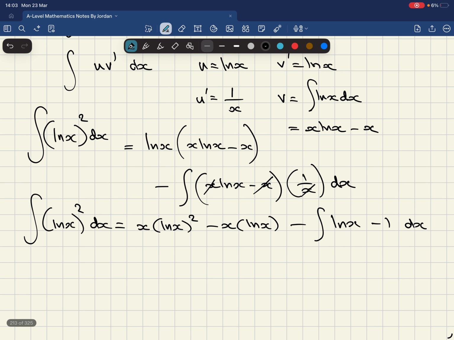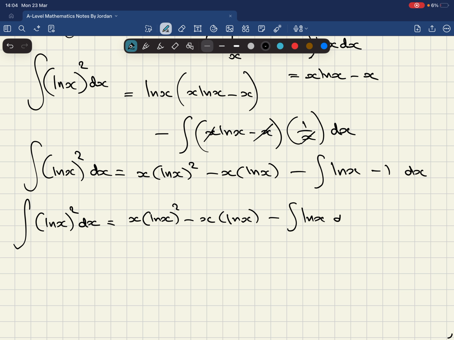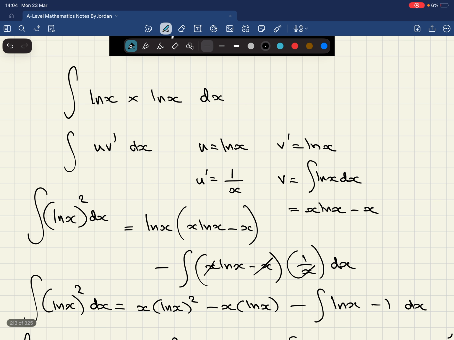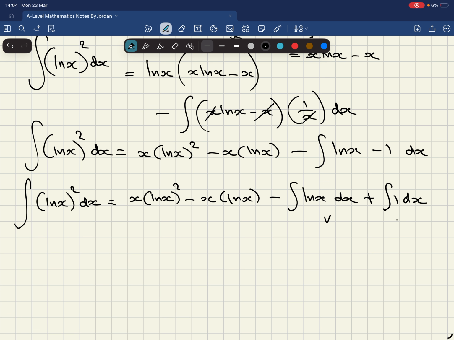Okay. Let's just finish this off. Then, if you think you've got, take away the integral of ln x with respect to x, which we already know from earlier here. And also two negative signs with a 1, giving us plus the integral of 1 with respect to x. So we already know that, and this one's easy, it just goes to x, so that's cool.